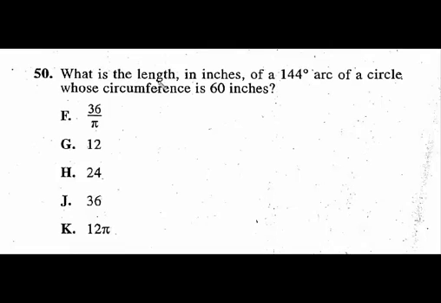50 says, what is the length in inches of a 144-degree arc of a circle whose circumference is 60? Our formula, remember, is n over 360 times 2 pi r.